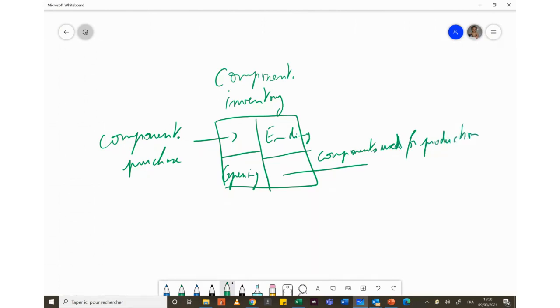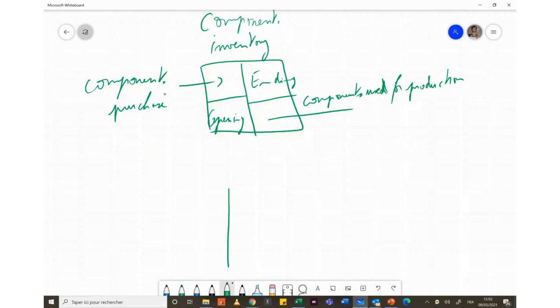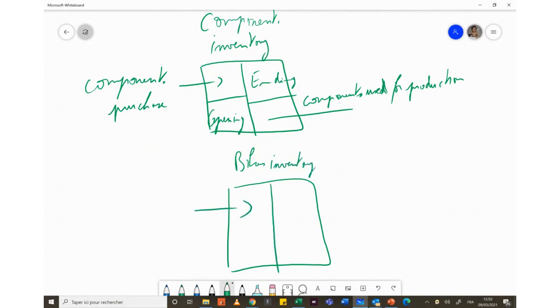I have the same thing for the bags inventory. I have the bags purchase. I have the opening inventory. I have the ending inventory.